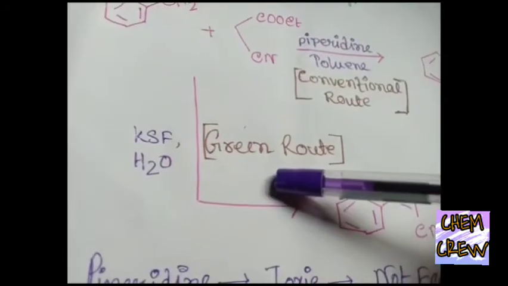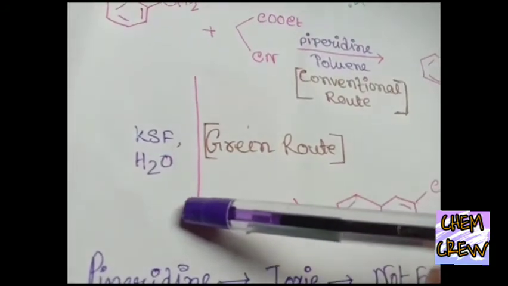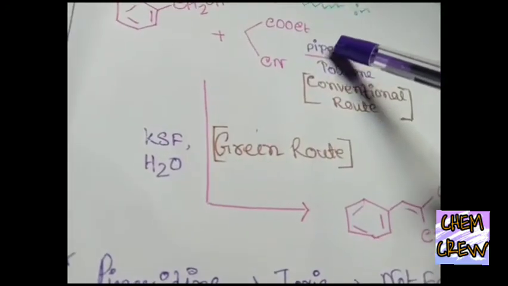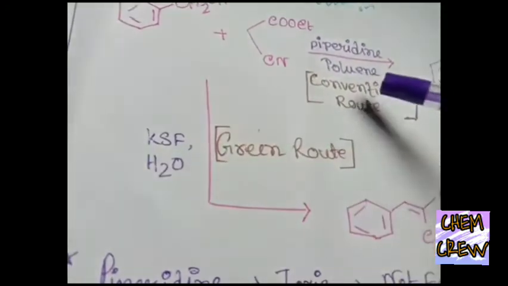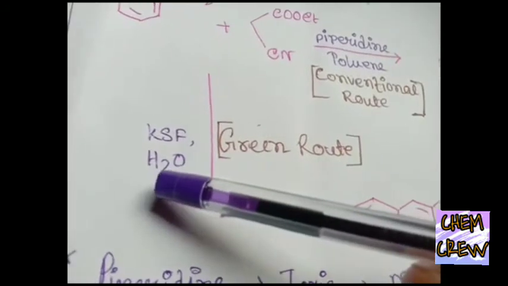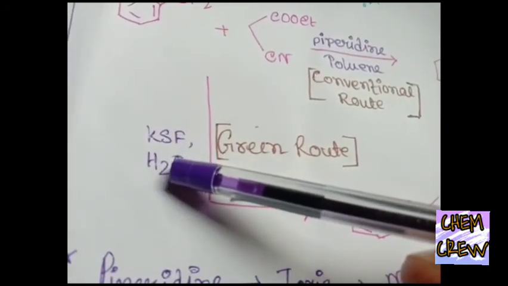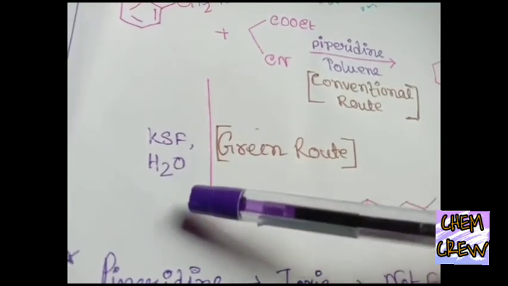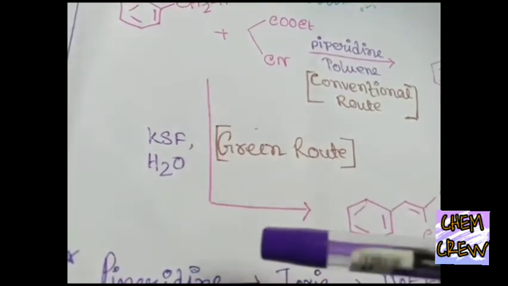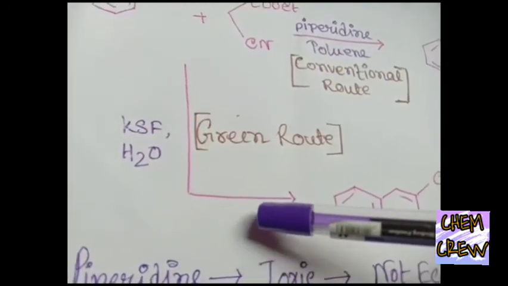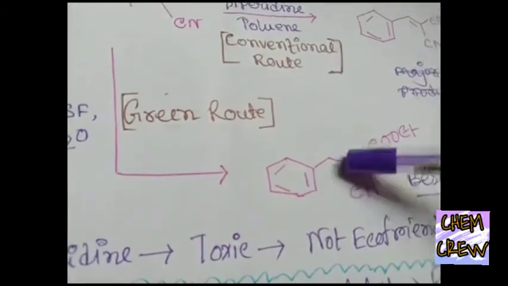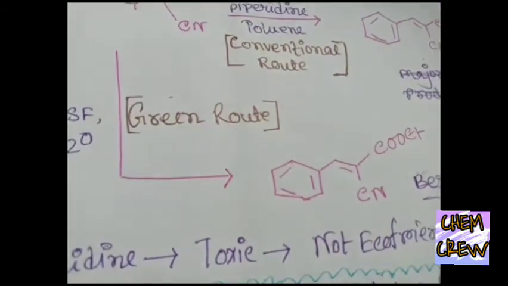Now in the greener route, piperidine is replaced by KSF, and toluene is replaced by H2O. KSF is a catalyst in this reaction, and water is a green solvent, and we get the same product molecule.